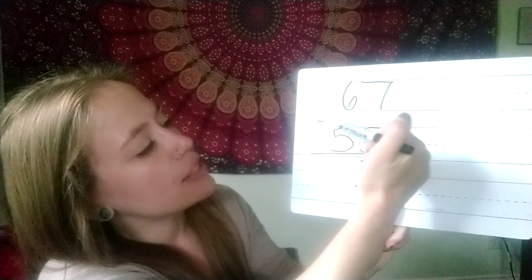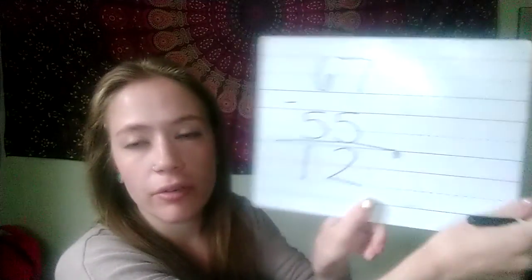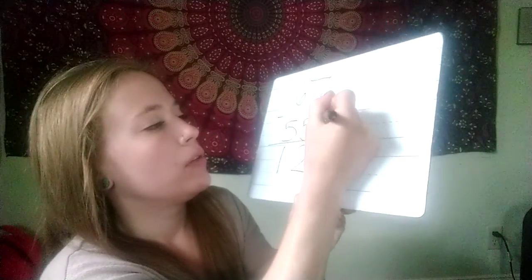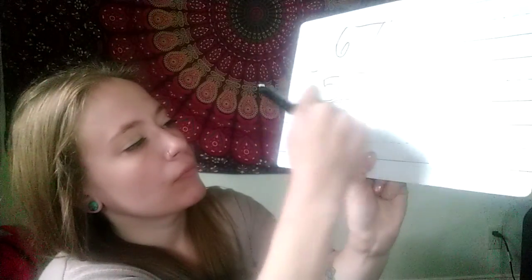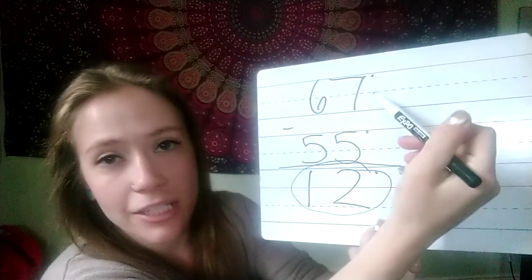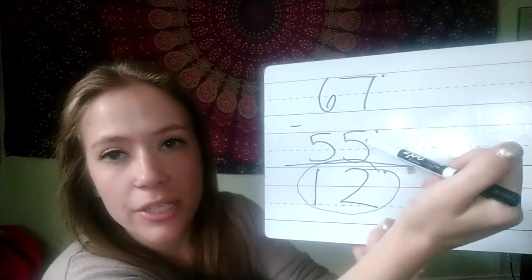And 6 minus 5 is 1. So there is only a 12 degree difference between our highest expected temperature and our lowest expected temperature. So they're very close together.